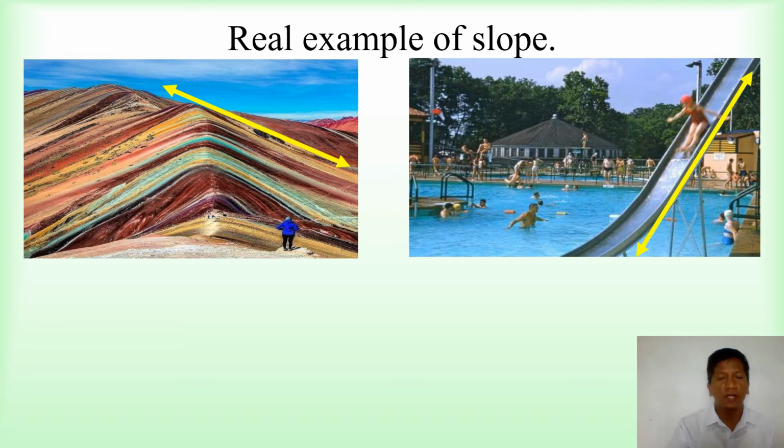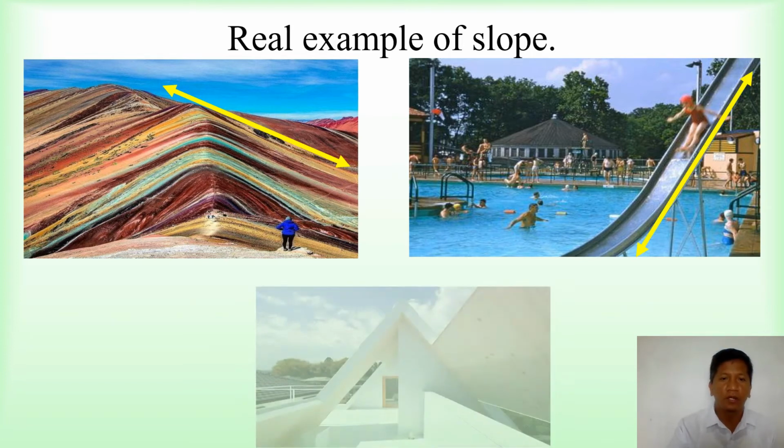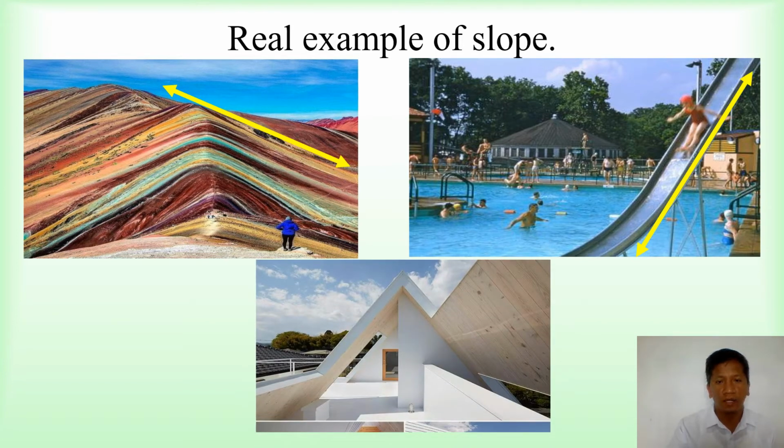It's there. And then in our third example, that is an architectural design. Where's the slope there? There it is. So, the other meaning of a slope is the inclination of a line, my dear students.